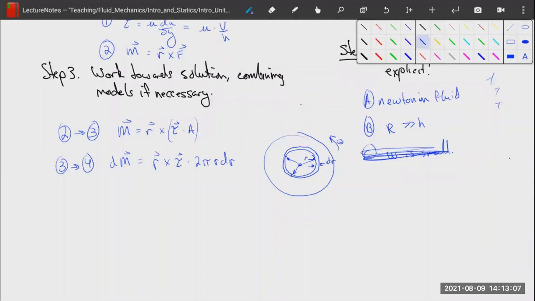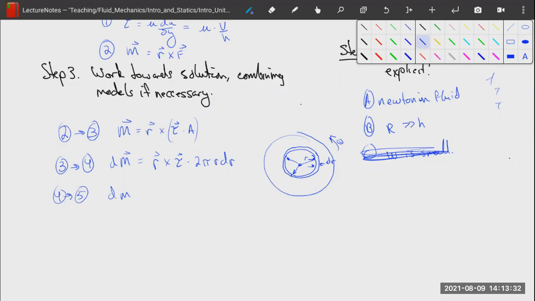But. So we're going to convert this now a little bit more. We're going to go 4 to 5. Our dm, we now want to get rid of the vector if we can. It turns out that our radius and our force, our shear stress, are always perpendicular to each other.